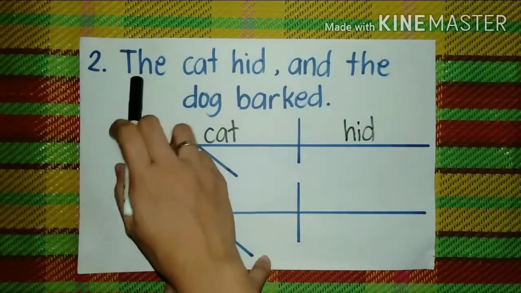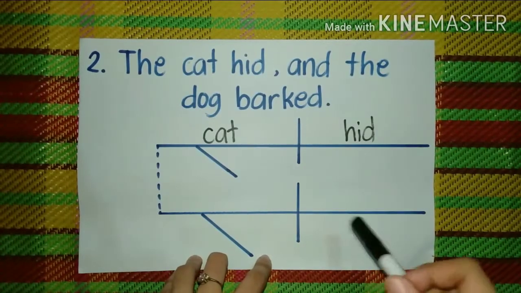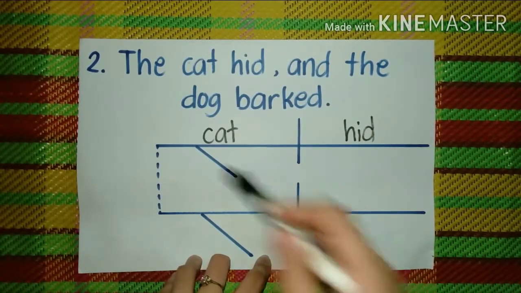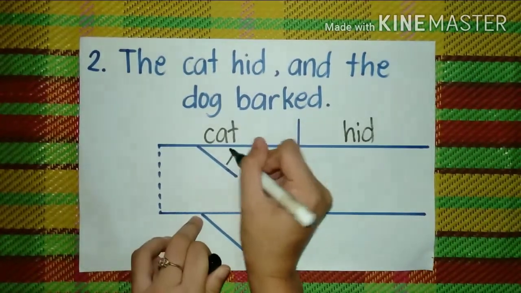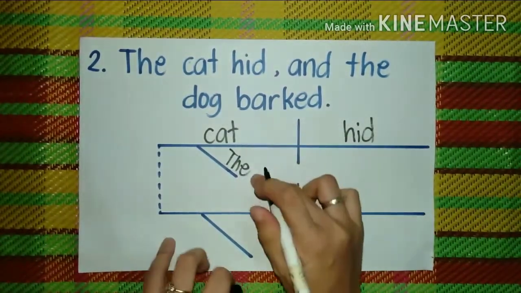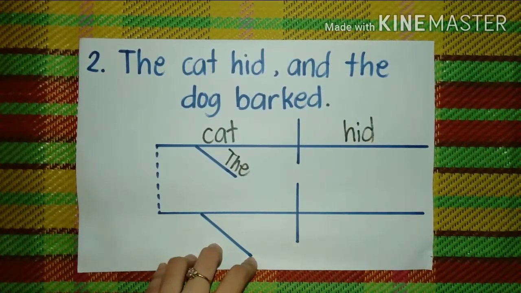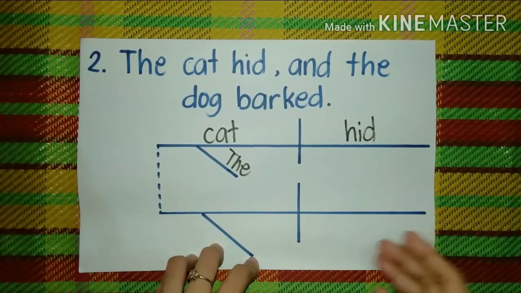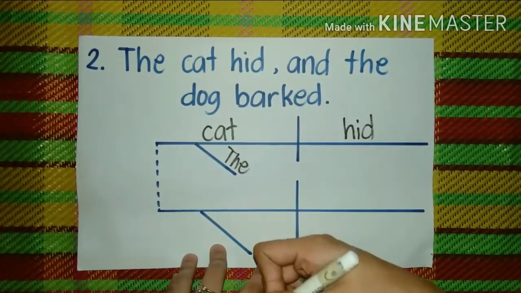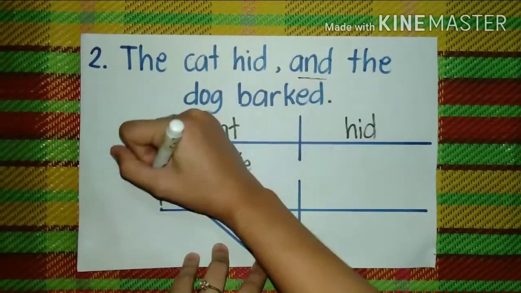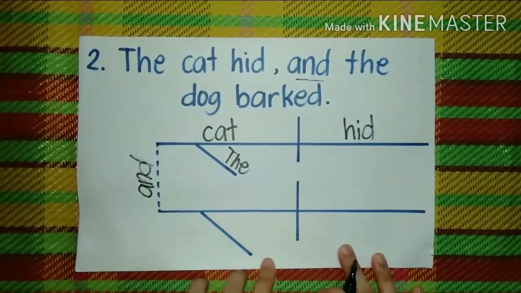And this article, since from the beginning I already told you that articles are found under the subject, you'll just have to write the article the under the subject. Next, what is the conjunction that connects these two ideas? That is the conjunction and. So write the conjunction and in this part.